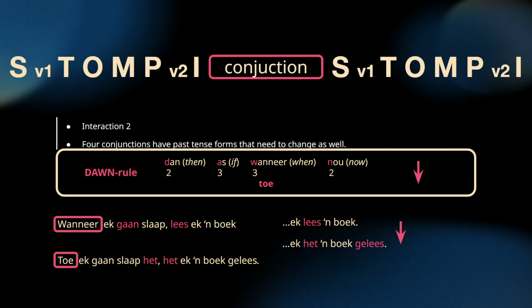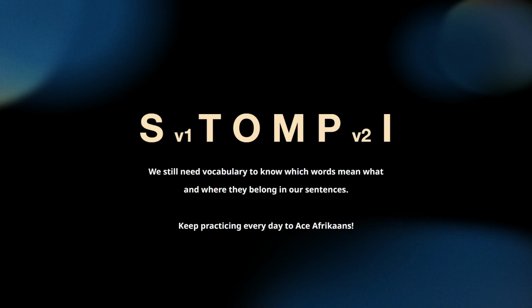Ek lees 'n boek is what it would look like without that group 3 conjunction influence. I add het into my sentence, moving lees to verb 2, gelees, and now I can move that back into my sentence. Taking a look, I need that group 3 rule to apply, moving het to the front of the sentence.